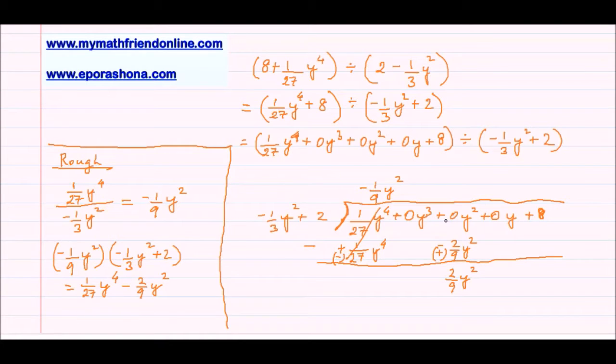Next, we are taking the entire dividend and we are subtracting this product from the entire dividend. Some of you may be wondering that in arithmetic, when we perform long division, we bring down a single number at a time. So, can we bring down this single 0 into y, because this is the next term? Can we bring down one term at a time?